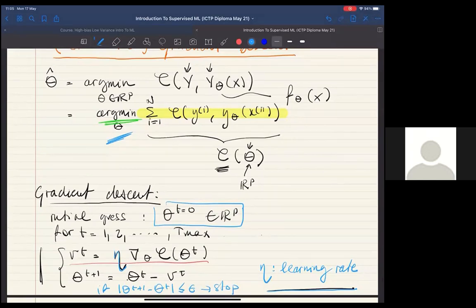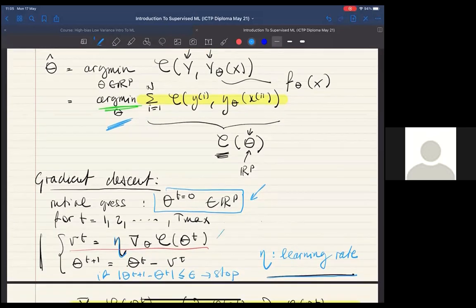So you start from an initial guess for your parameters, and you loop, and at each step in this loop, you compute what we call the velocity, which is proportional to the gradient of the cost function. The gradient at the position at which you are at time t, and by position I mean the value of the parameters at time t, theta t.